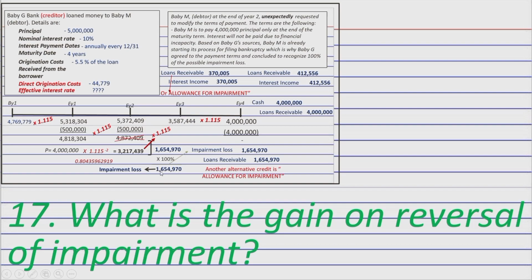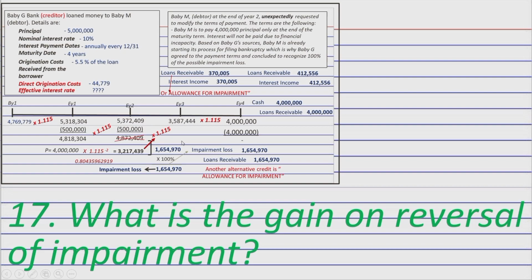However, at the end of year 3, let's assume that the debtor recovered from financial difficulty slightly. And the problem said that BBM, the debtor, can already pay 5 million at the end of year 4, which is 1 million higher than the original 4 million promised. So, what will happen?